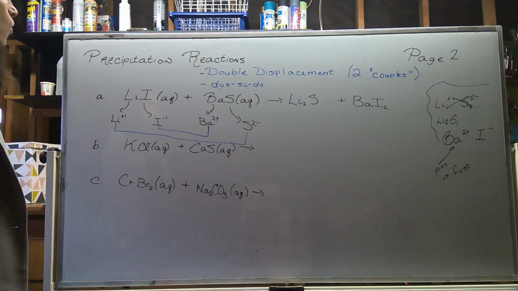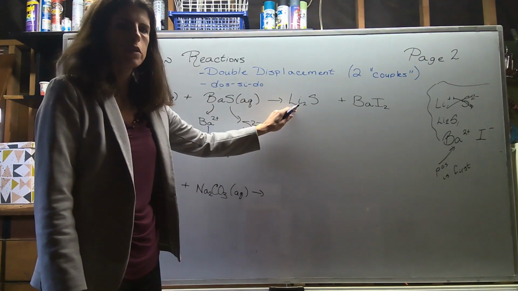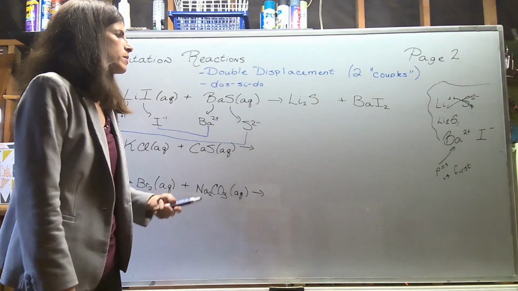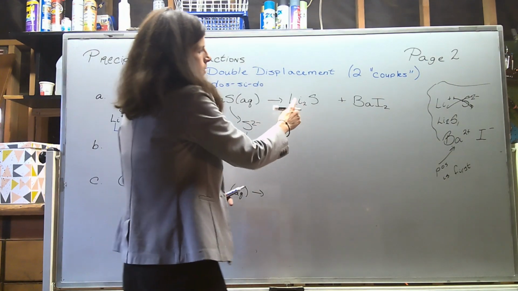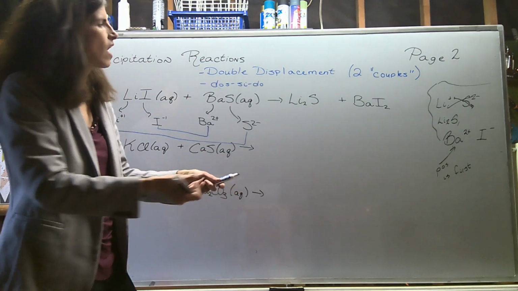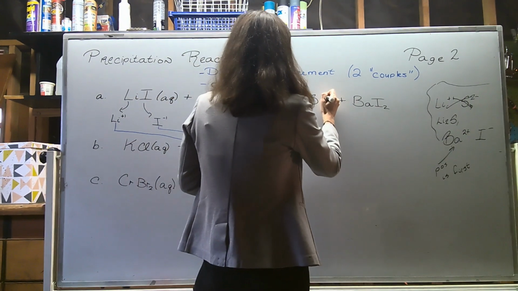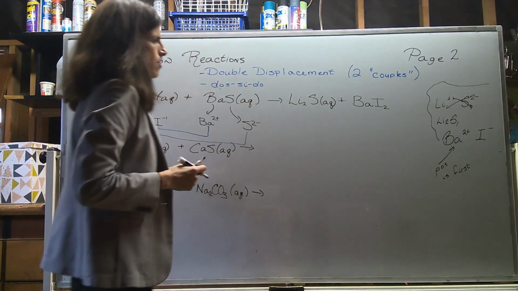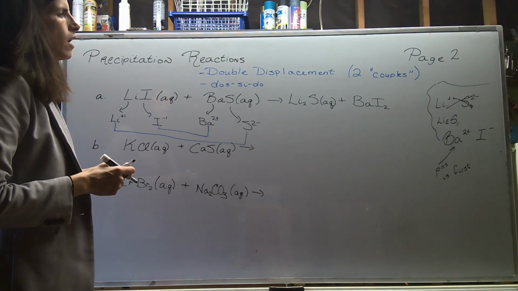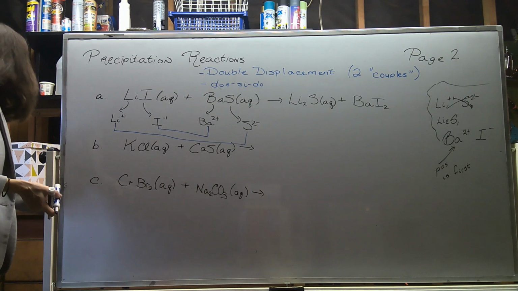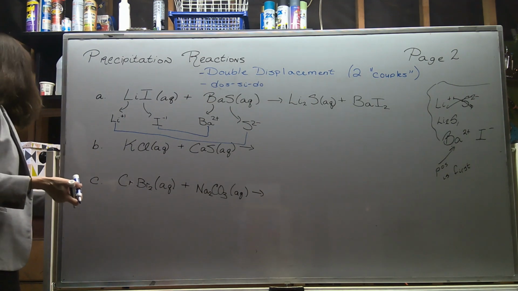Alrighty, now at this point, you're going to go back to your solubility rules and check. Is this going to be solid or is this going to be aqueous? For instance, here with the lithium, that's one of my favorite ones, right? Group 1s are always soluble, so I know that this is aqueous. And then with barium iodide, most iodide-containing compounds are soluble.